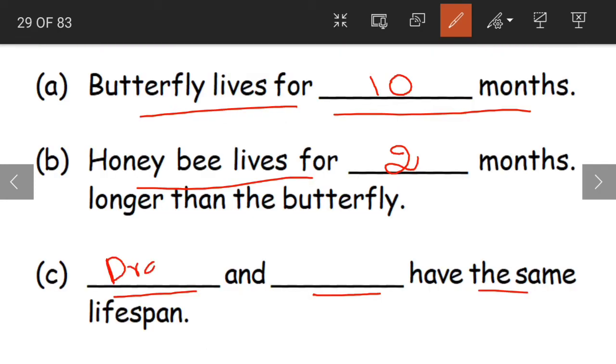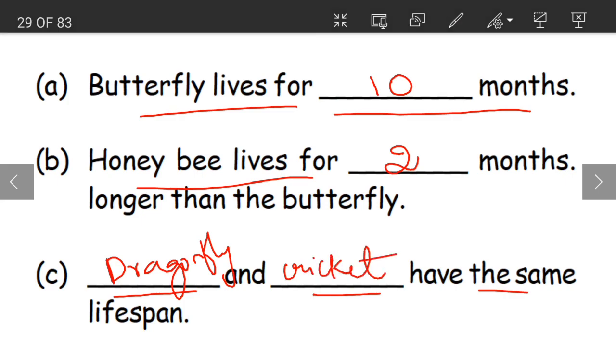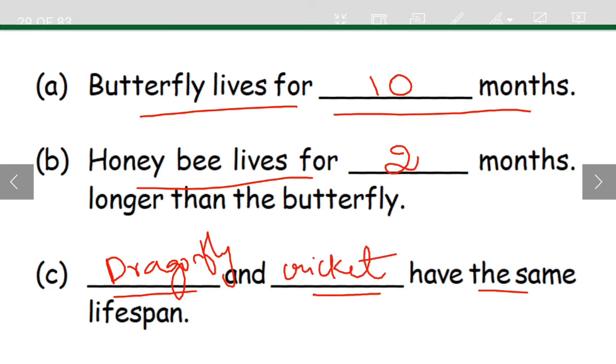So dragonfly and cricket have the same lifespan. I hope this is clear for you. This is how we construct bar graphs and pictographs, and how we interpret the information, that is, understand the information given in the pictographs and bar graphs, children.